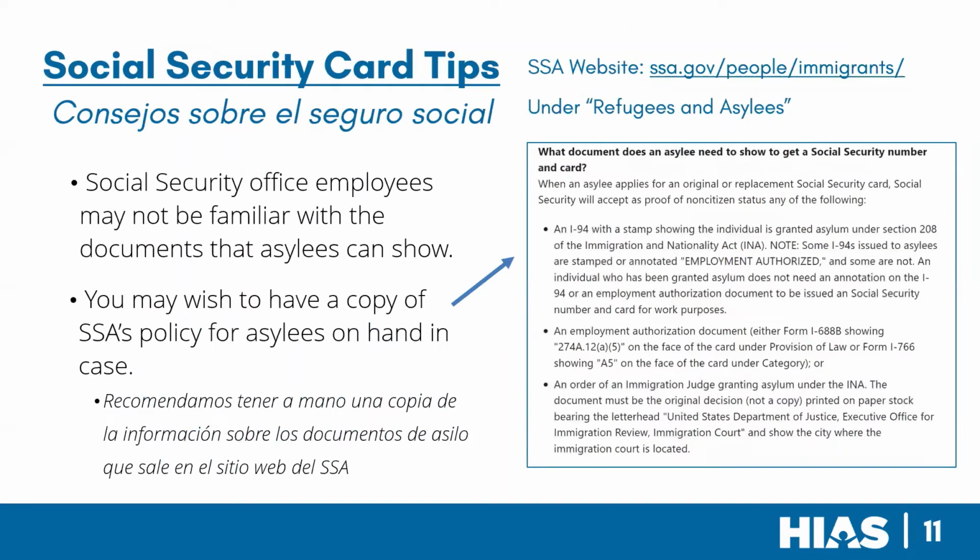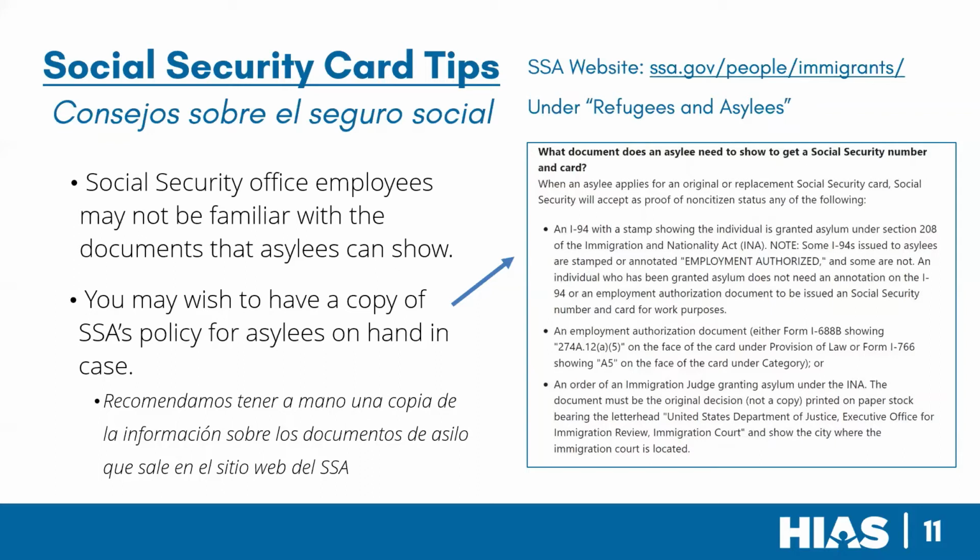Now, sometimes asylees do run into the situation where when they go to the Social Security office for their appointment, the employee there might not be familiar with asylum status or the documents that asylees can show in order to either update or get a new card.